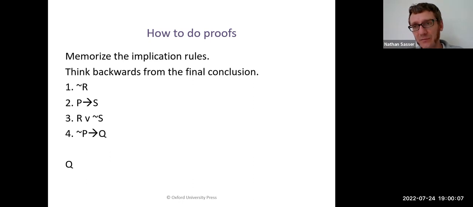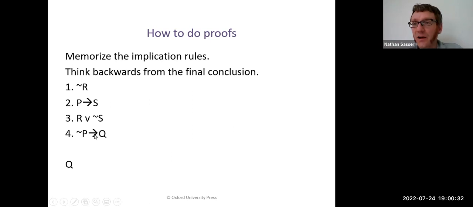Let me explain what I mean. You're given these premises, you know in the end you've got to get to Q, right? Now, ask yourself, where do I see Q, that conclusion, somehow inside the premises that I'm given? Where do you see a Q in 1 through 4? That's right.